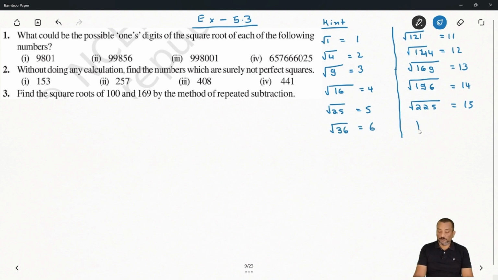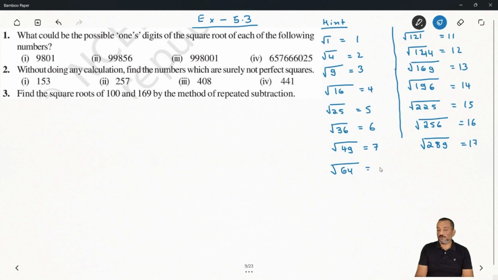Now square root of 256, you will get how much? 16. Square root of 49 you will get 7. Square root of 289 you will get 17.